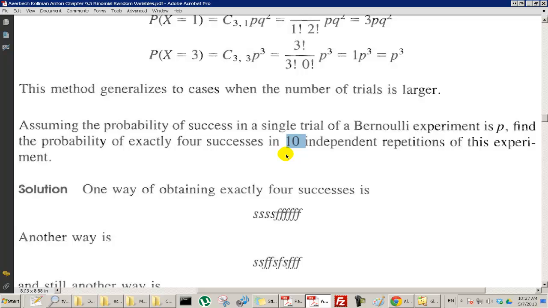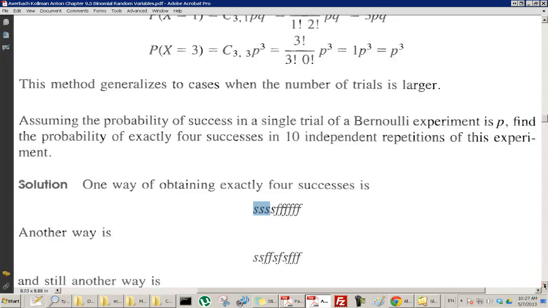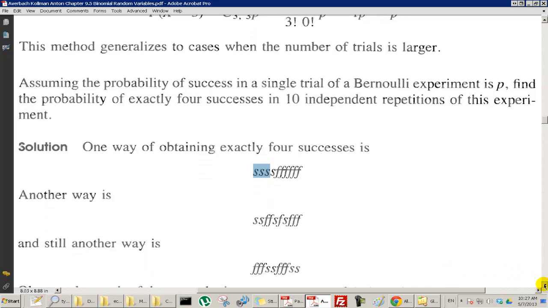So one way of obtaining exactly 4 successes is to have the first 4 as success and the last 6 as failure. Another way is this. You still have 4 successes in here. And still another way is this.